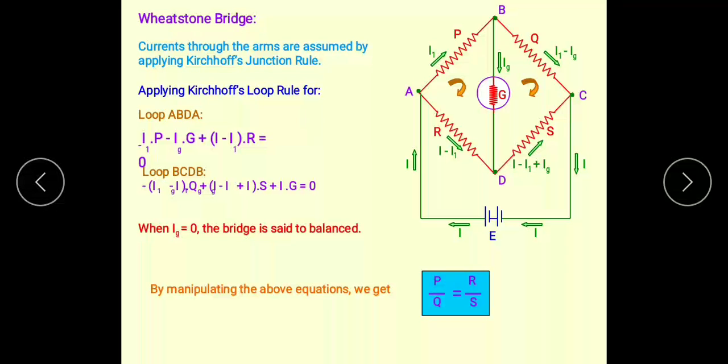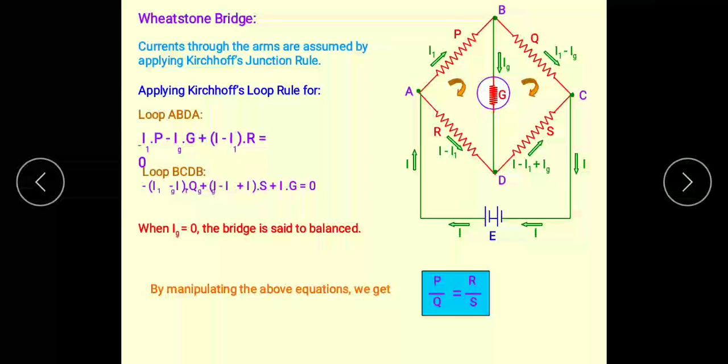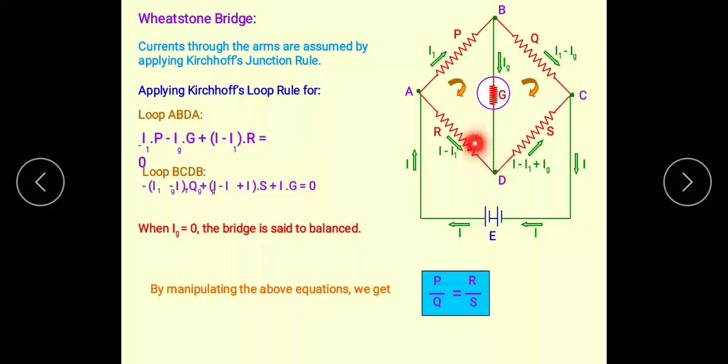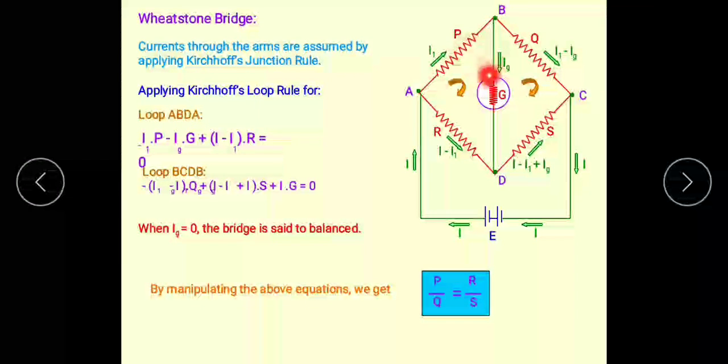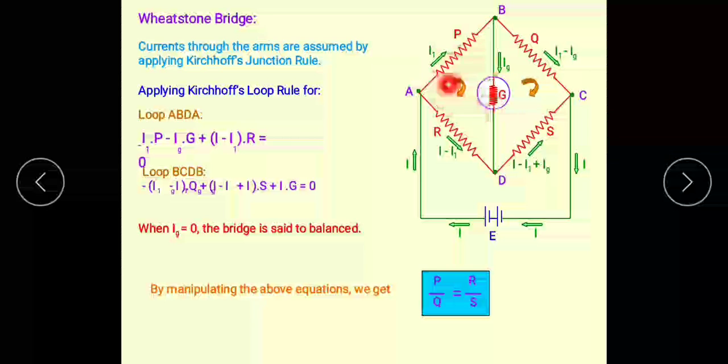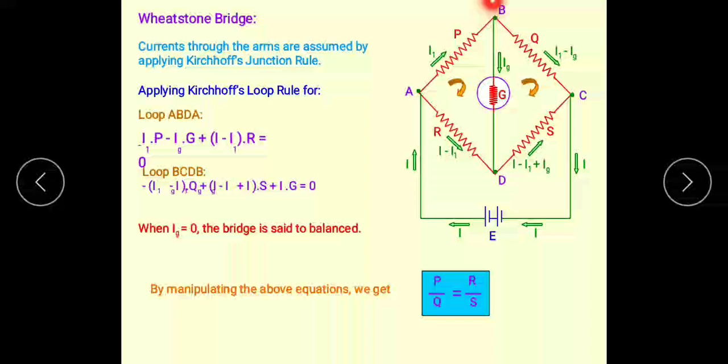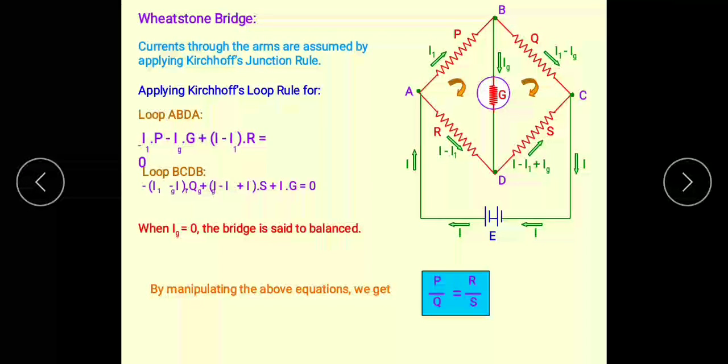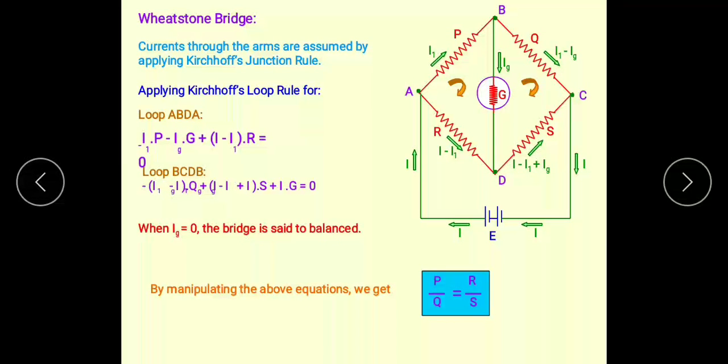Now we have calculated A to B, B to D, and we want to calculate D to A. Our calculation direction is D to A, because we are calculating clockwise, going from A to B, B to D and D to A. But the current flowing is from A to D, so it is opposite, so here we will take the potential difference as positive.